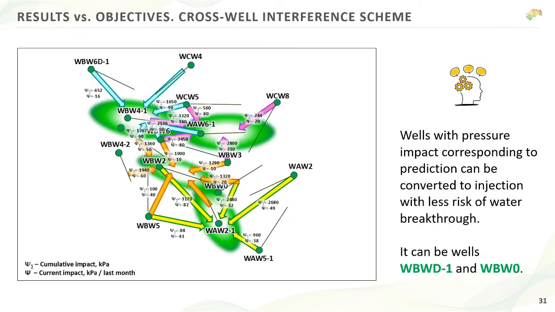Also, along with these results, we tried to identify the wells which would be nice for converting to injection, because the client is actually considering starting the water flood in this field.